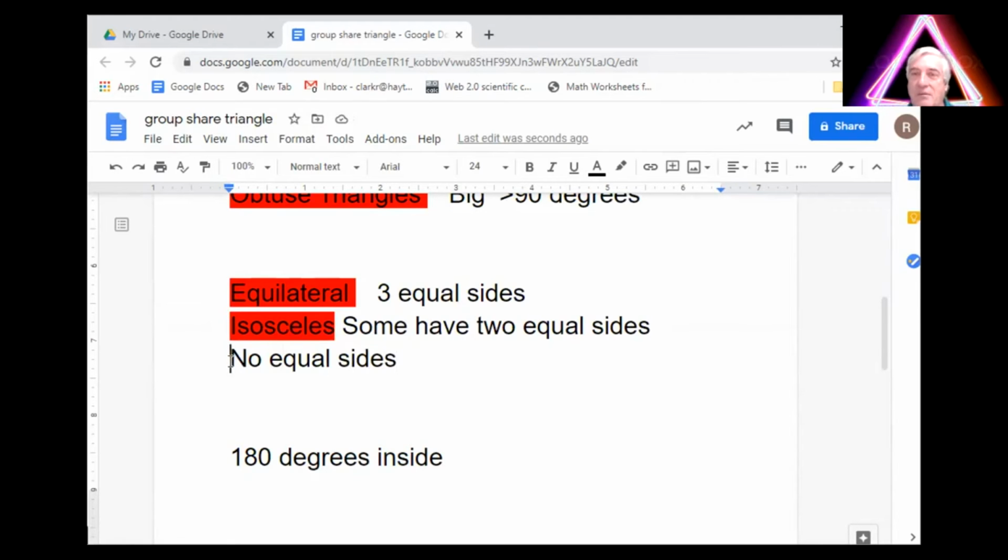I can't believe I had to come up with that on my own. One of you should have shared that with me. By the way, we have a word for that too. It's called scalene. Scalene. No 2 sides equal.